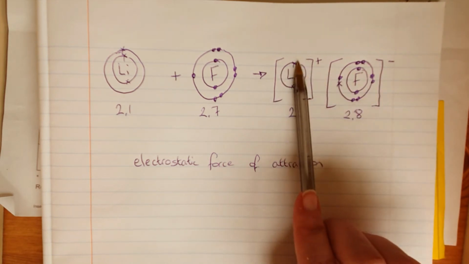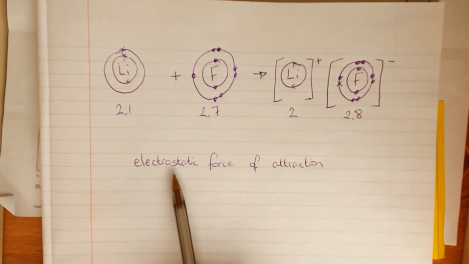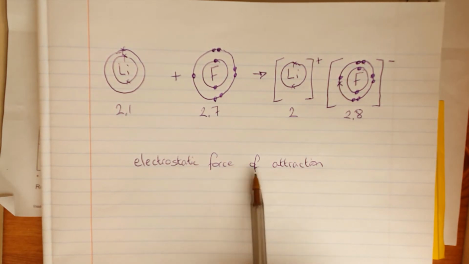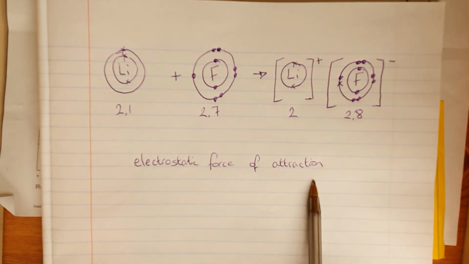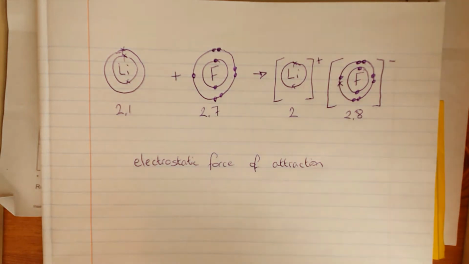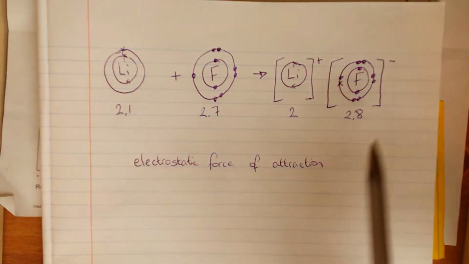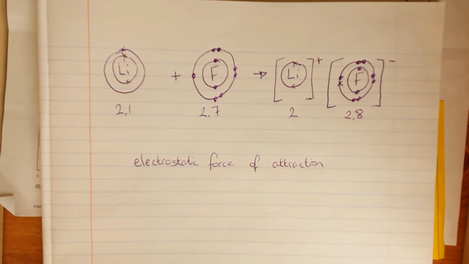The positive ion attracts negative ions. It's an electrostatic force of attraction. Okay, it's quite a complicated phrase for an idea that we know and we accept and is really simple. Because you know that a positive magnet, positive end of a magnet, the positive pole will attract a negative pole. You know that. And now we're just giving it a posh term, the electrostatic force of attraction. I'll keep repeating that to help you to get it in your brain.